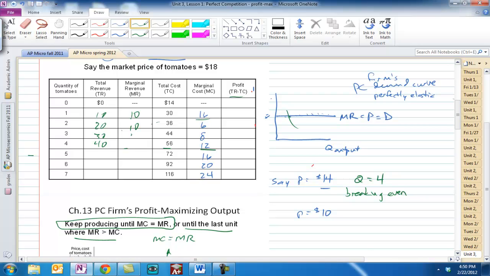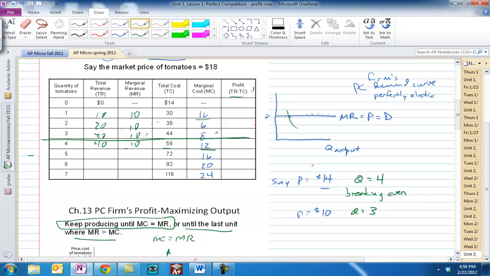We've got marginal revenue 10, 10, 10, 10. And now, looking at the table, can you tell how many units of output we should produce? The answer is 3. That's the last one where marginal revenue is greater than marginal cost.